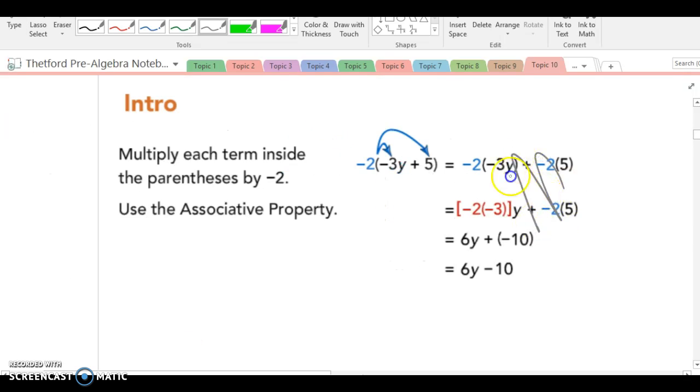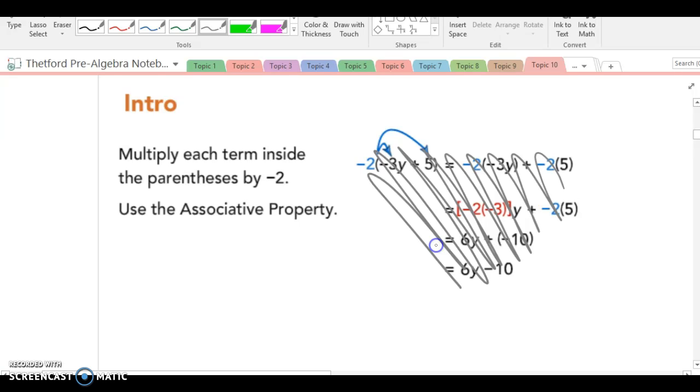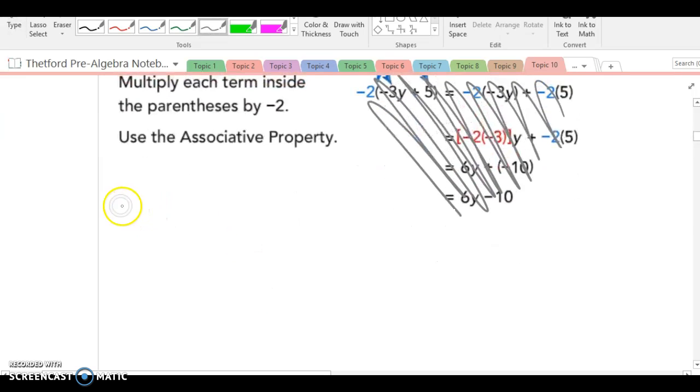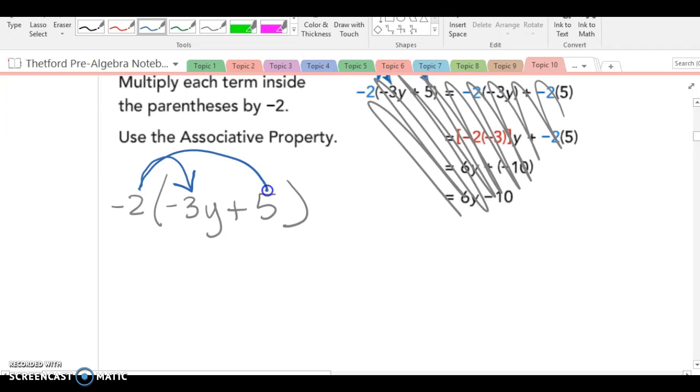All right, so we're going to ignore this for right now, and we're going to actually do it ourselves. So we have negative 2 times (negative 3y plus 5). So we are going to use the distributive property, and we are going to multiply this negative 2 through the parentheses. So negative 2 times negative 3 gives me a positive 6y.